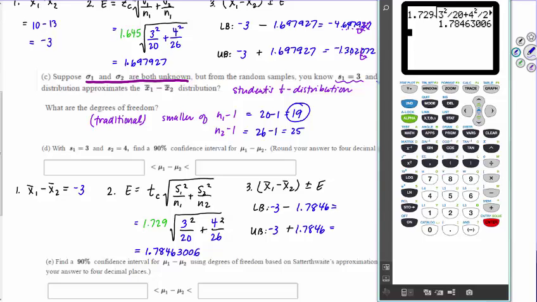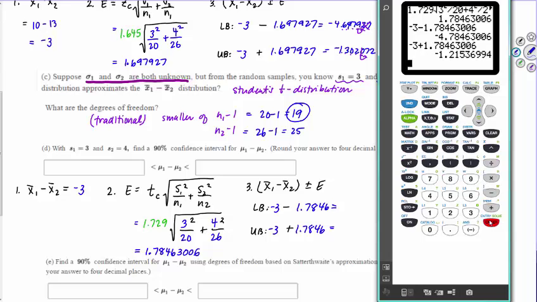But in the calculator I'll keep all of the digits. So -3 minus this answer, and then that same thing but with a plus. So the lower bound was -4.78463, and the upper bound -1.215369.